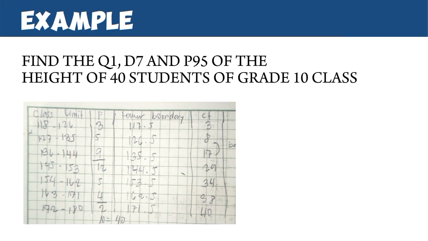We take the lower limits of the class limits and subtract 0.5. So 118 minus 0.5 is equal to 117.5. 127 minus 0.5 is 126.5. 136 minus 0.5 is equal to 135.5. 145 minus 0.5 is equal to 144.5. 154 minus 0.5 is equal to 153.5. 163 minus 0.5 is equal to 162.5.